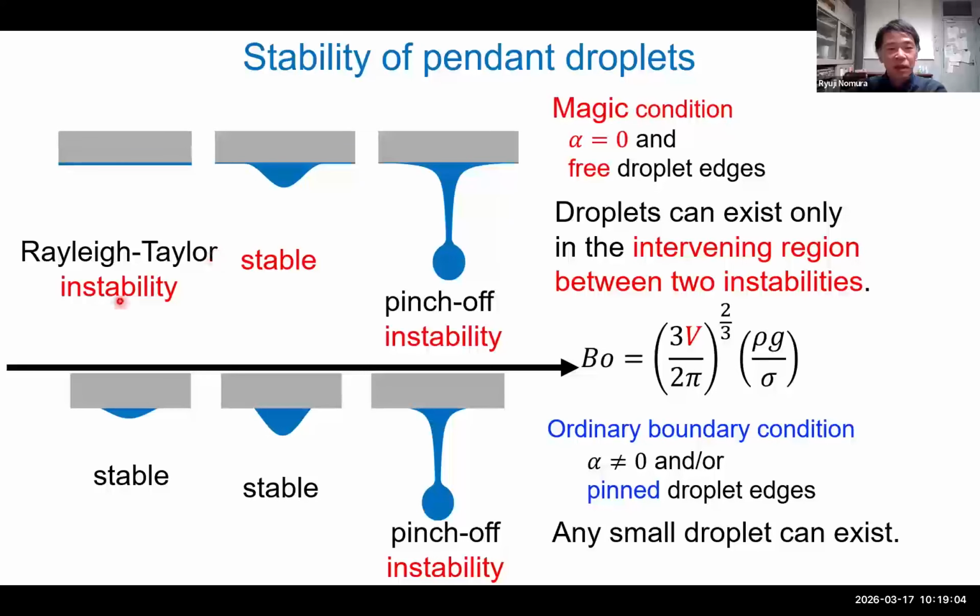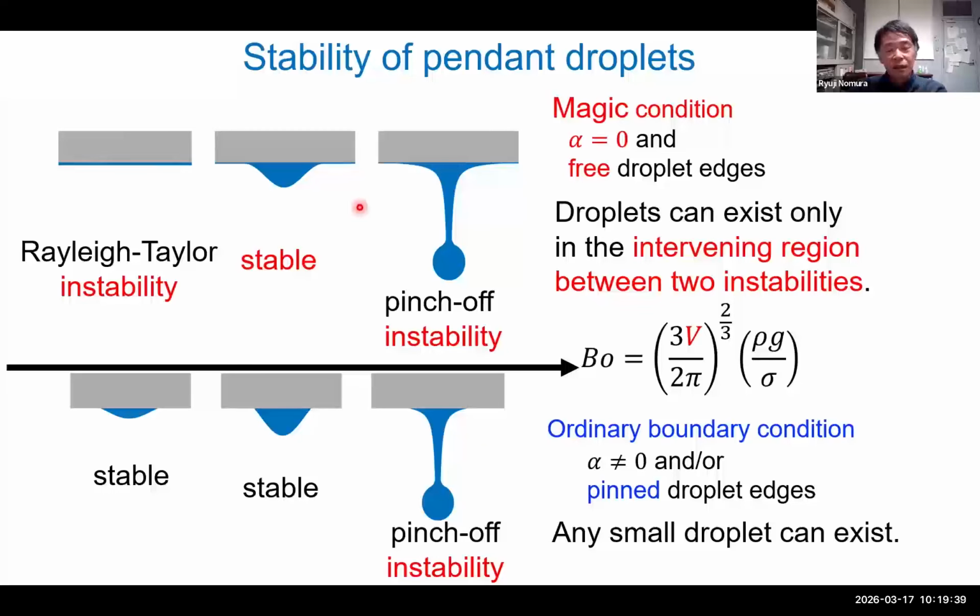But we have another instability in the small volume region. It's a Rayleigh-Taylor instability. In this volume region, the pendant droplets are not stable, but a uniform thin film is stable. And stable pendant droplets can exist only in the intervening region between these two instabilities.